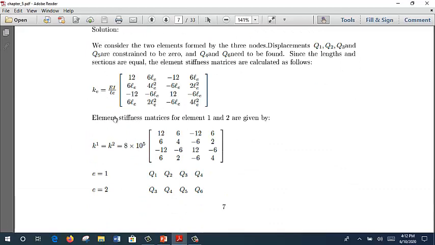So from that, the elements of the matrix for elements 1 and 2 are given. This is K1 and K2; because they have a similar L, we can use the same element stiffness matrix for every element. So this is the stiffness matrix for element 1 and also element 2.